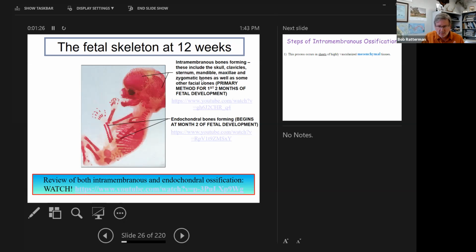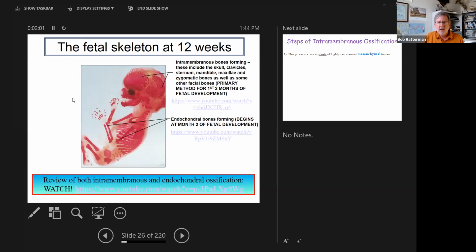These are examples of bones laid down in this process called intramembranous ossification. Endochondral ossification would include development of all the rest of the bones of the body, all of the long bones, for example, the ribs, the vertebrae, the coxal bones, the metatarsals, tarsals, phalanges.